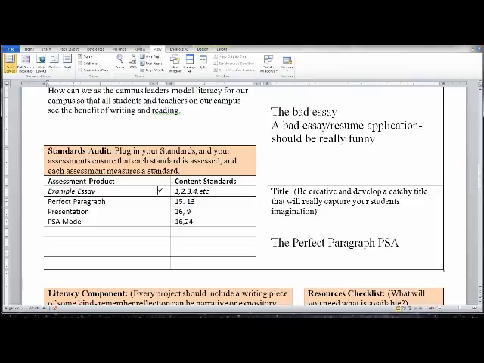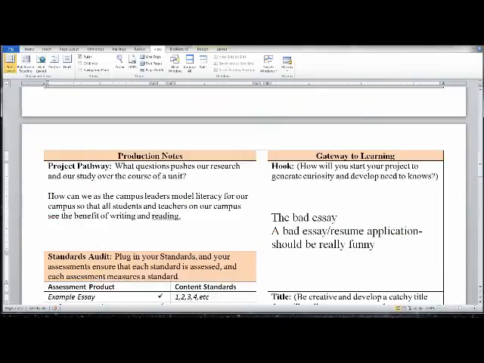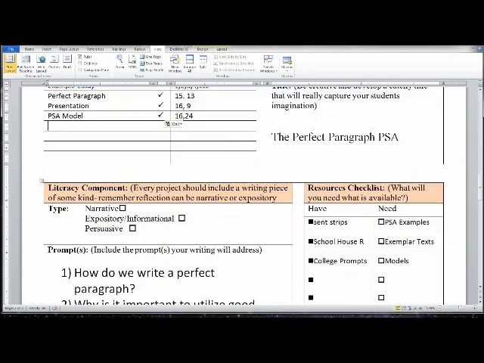So I can take this check mark, copy, paste, and then the PSA model, they're going to be doing persuasive writing as well as listening skills, which was one I didn't mention yesterday, but we're good. The standards that I have up here are being assessed through these products, so I'm good there.